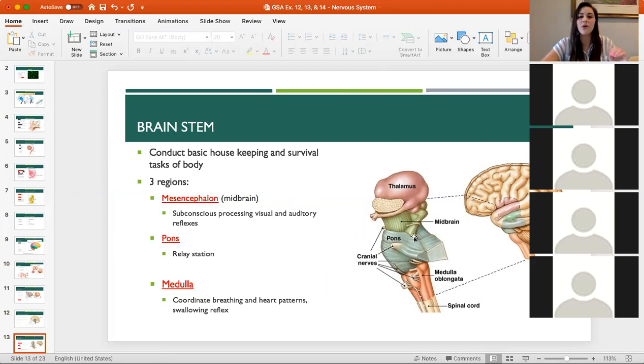Our midbrain or mesencephalon is for processing different visual and auditory stimuli and reflexes that we are taking in subconsciously. Next, the pons is just a relay station for sensory information, and the medulla is for coordinating our swallowing reflex as well as heart rate and breathing patterns. Okay, so very, very important.